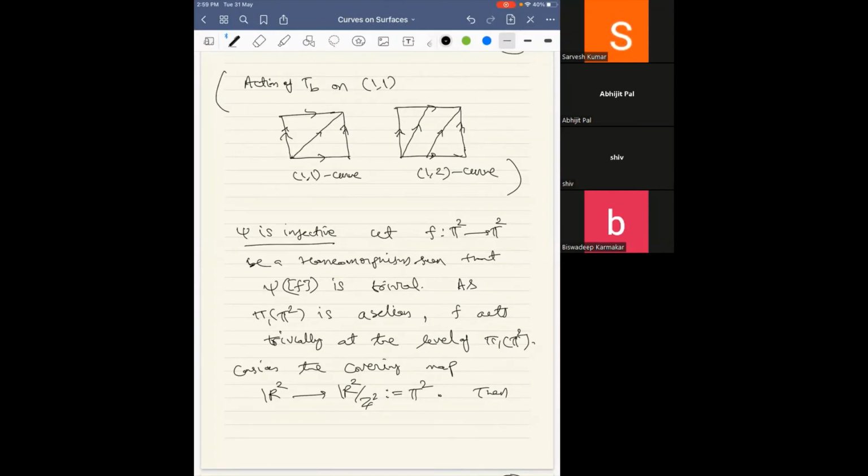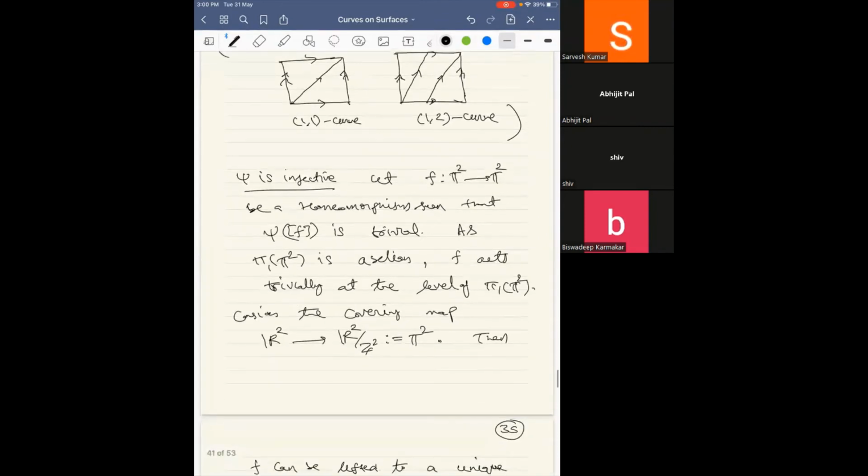You want to show F is isotopic to the identity. First of all, the fundamental group of the torus is simply Z plus Z, which is abelian, so F acts trivially at the level of the fundamental group also.